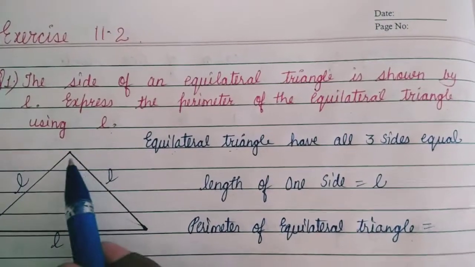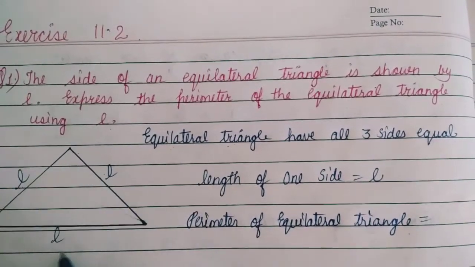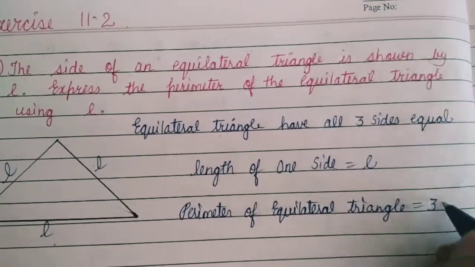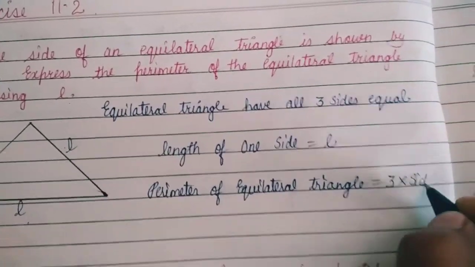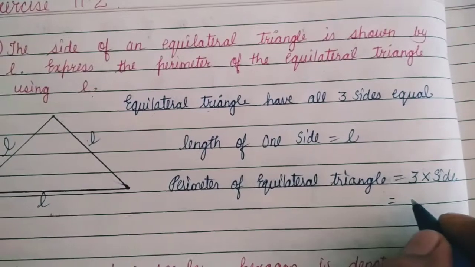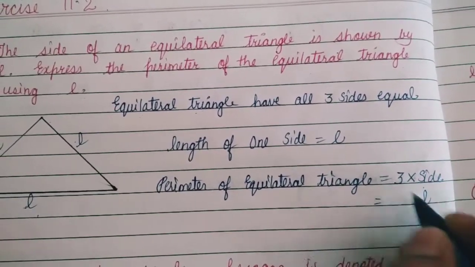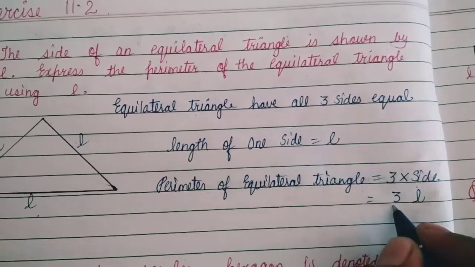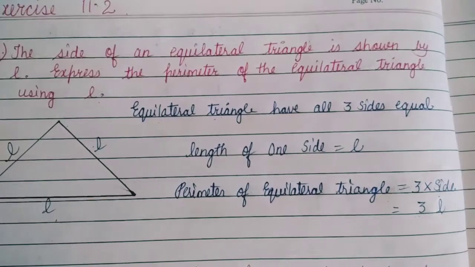So it can be shown by how many sides are here? 1, 2, 3. 3 and all sides are equal. So 3 into side. Okay, so the length of the side is L. So on the place of side what we will write? L and 3 as it is. It means 3 into L. So this is the solution of first one.